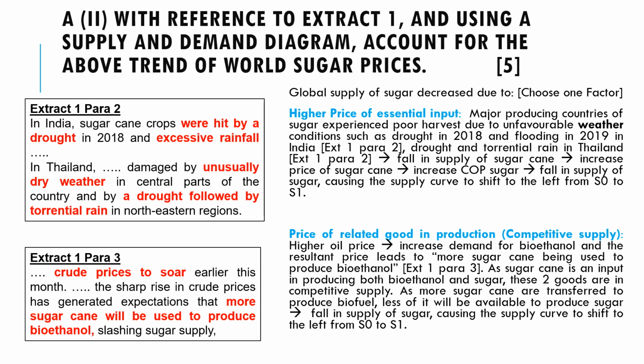With the higher demand for sugarcane for ethanol production, more and more sugarcane is being sold to ethanol producers, resulting in less sugarcane being available for the production of sugar. As a result, there is a fall in the supply of sugar, resulting in the supply curve shifting to the left from S0 to S1.